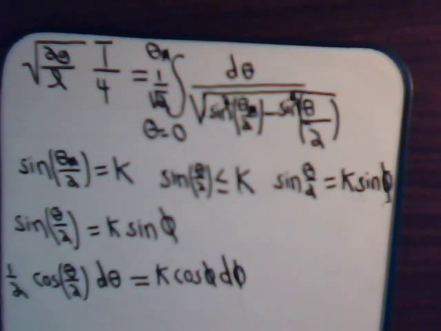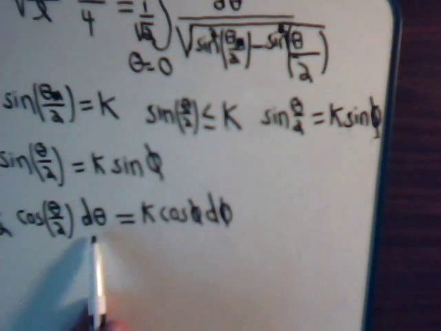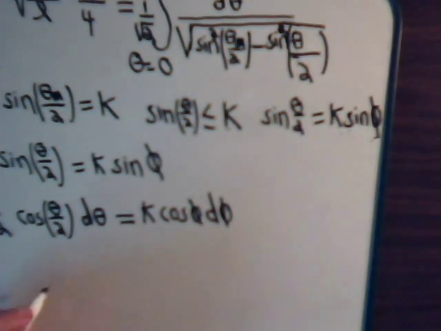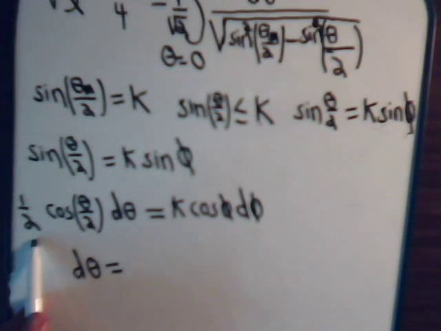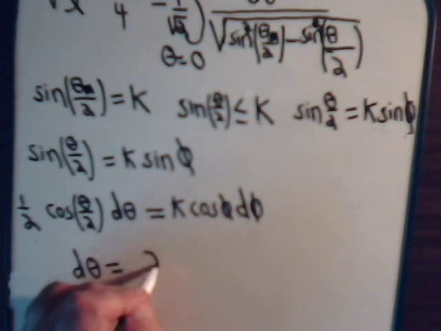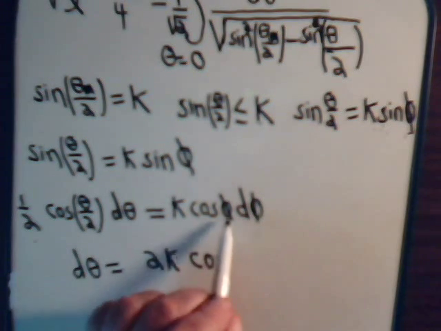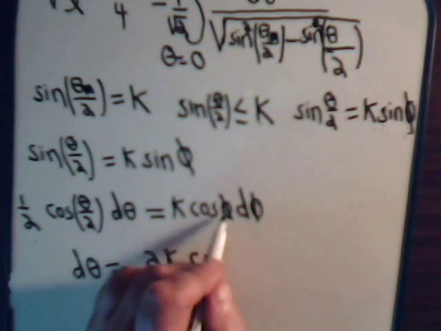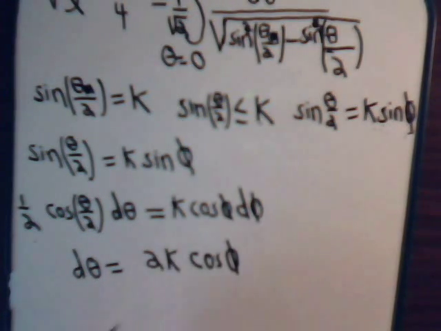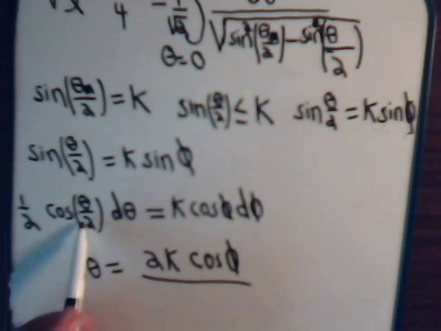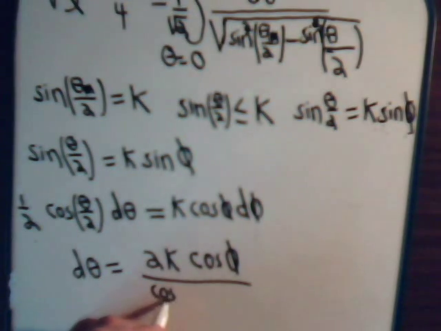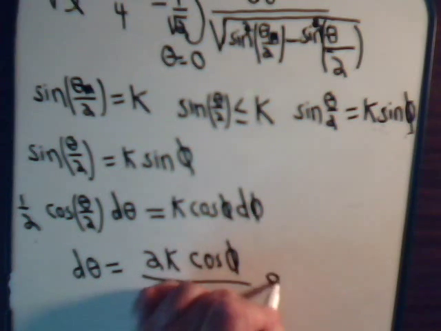So the way it stands right now is we would say, multiplying both sides by 2, d theta will equal 2k times the cosine of phi, we keep calling it psi, that's phi, divided by the cosine of theta over 2 d phi.